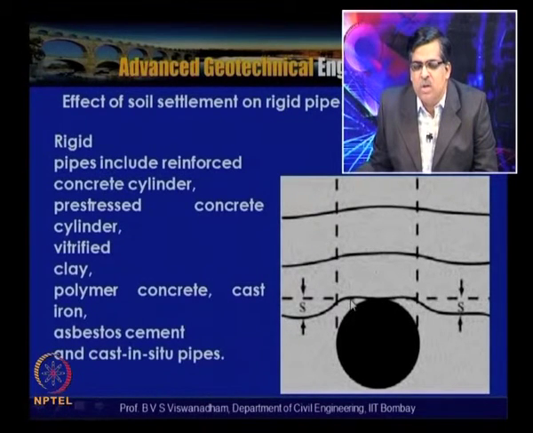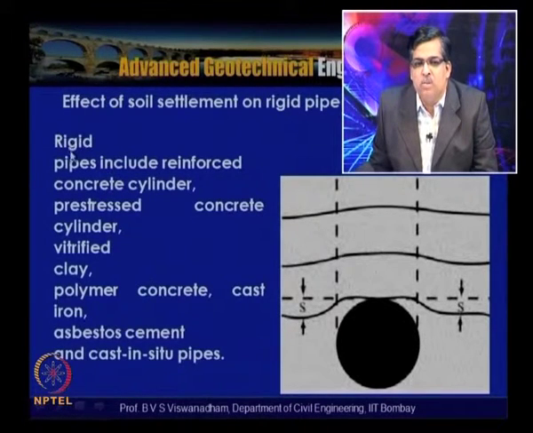Because of this, the stresses will be higher at this point and at this point, and the stress at the center will be lower. This situation, a rigid pipe embedded at a certain depth in soil, is very similar to this passive arching phenomenon.